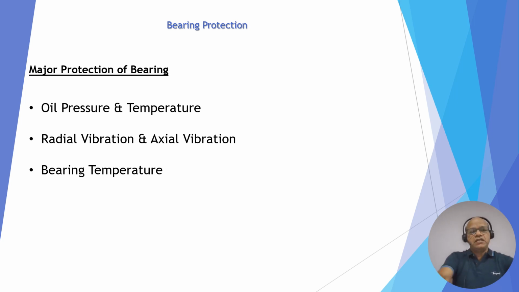We also have axial vibration. Let's say rotor end play is 300 micron. If you take one side, it will move half, that means 150 micron, and the other side also 150 micron.